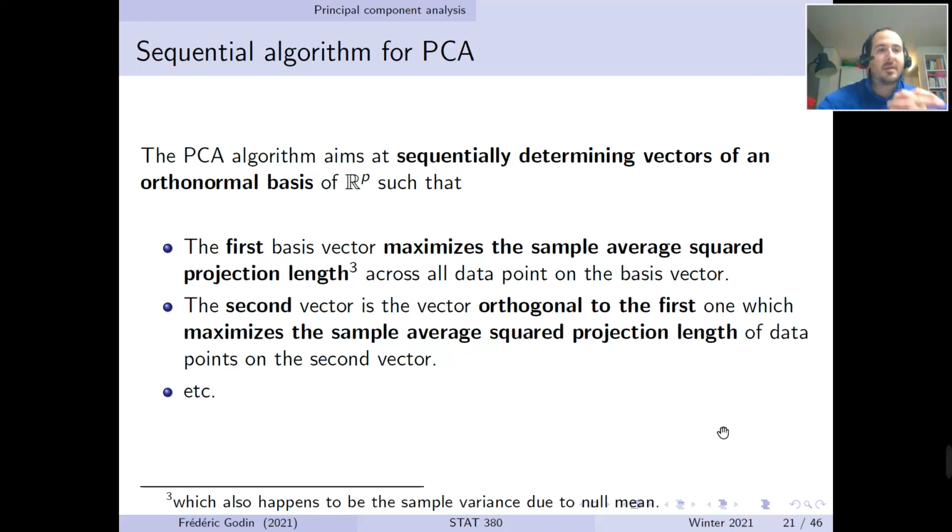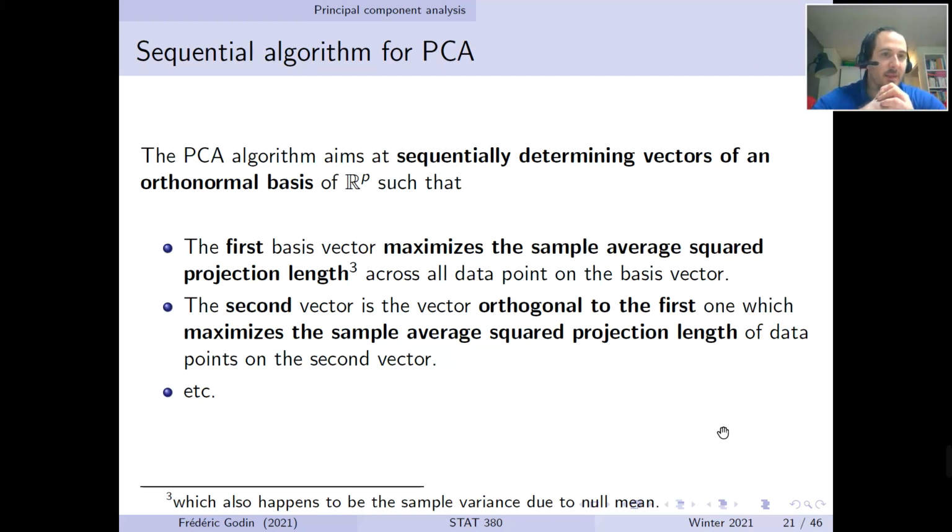Okay, so the problem we're going to tackle here for principal component analysis is to determine a sequence of vectors, so a total of p vectors. These vectors will form the axes, if we consider the previous example. So the axes that we're going to use to properly summarize the data. So these vectors must form an orthonormal basis.